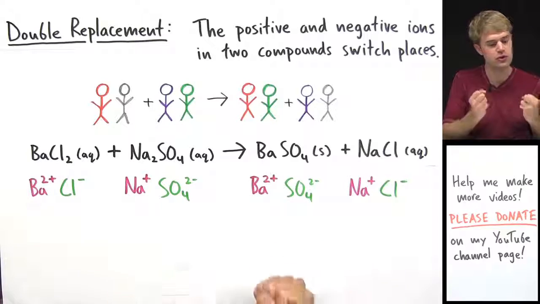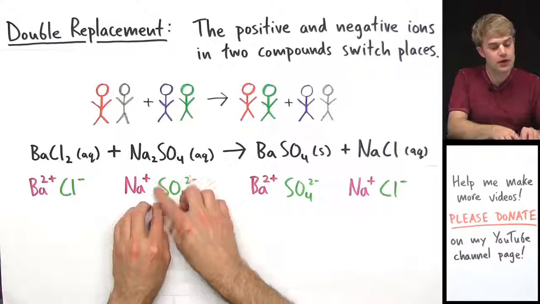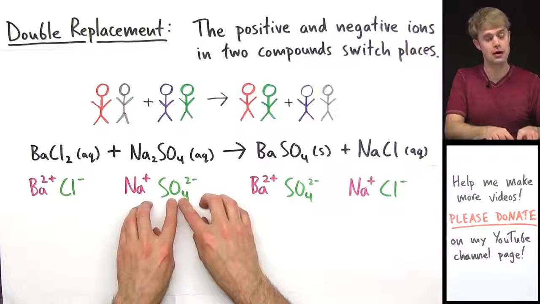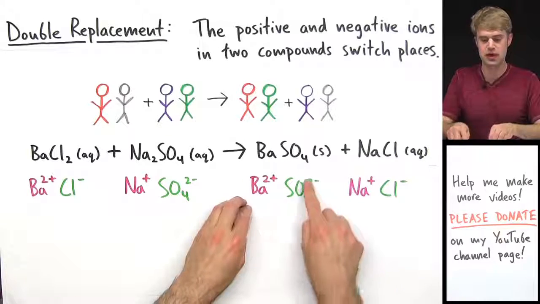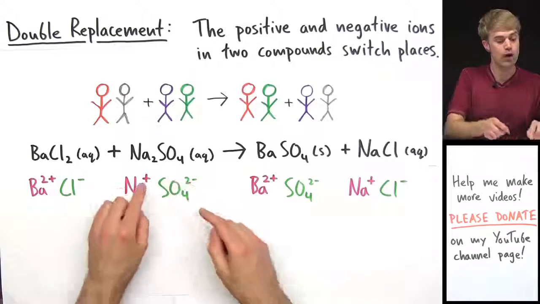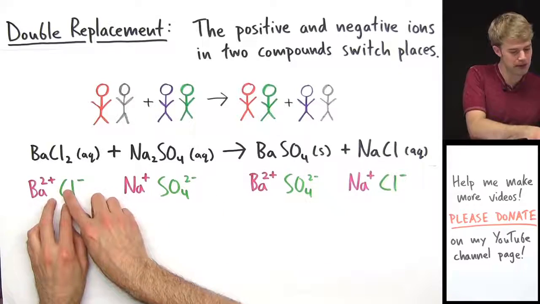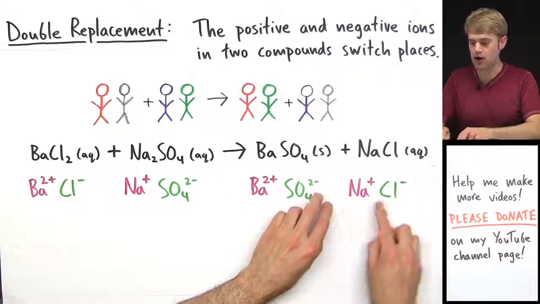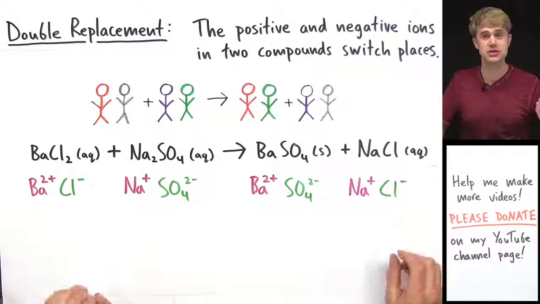It finds a new dancing partner. It has to find the other negative ion, right? So the other negative ion here is SO4 2-. So Ba2+ and SO4 2- end up together, making BaSO4. And then sodium, Na+, has to find the other negative ion, which here is Cl-, and they end up paired up over here. Na+ and Cl-, making NaCl.